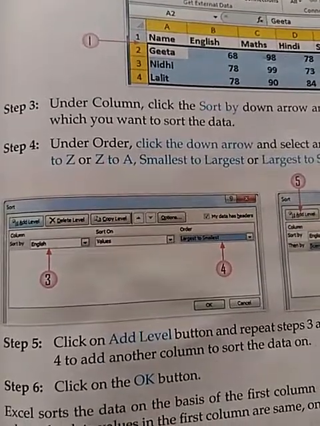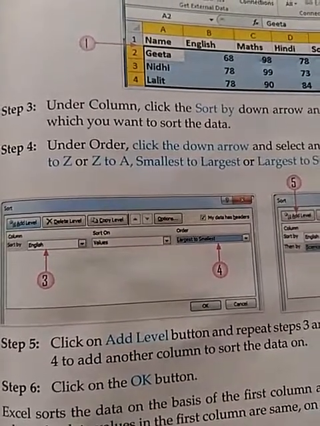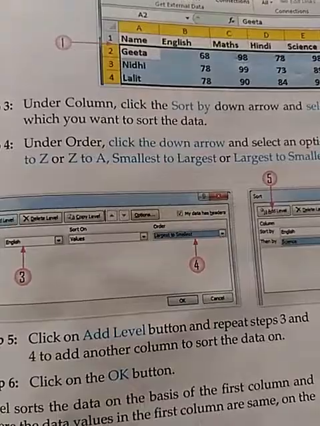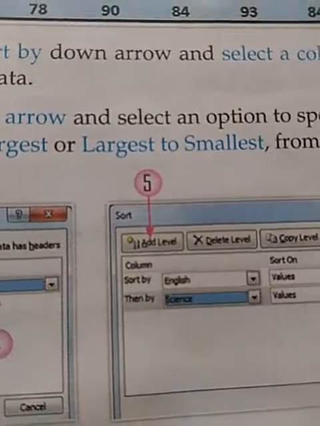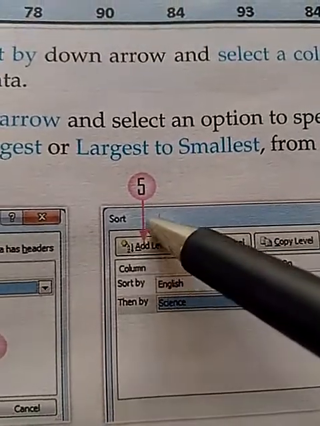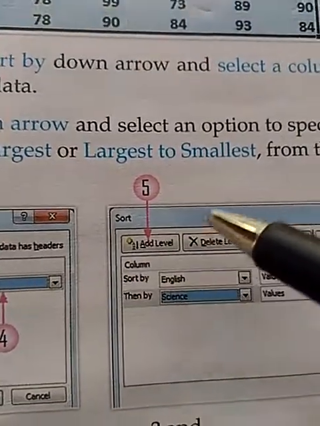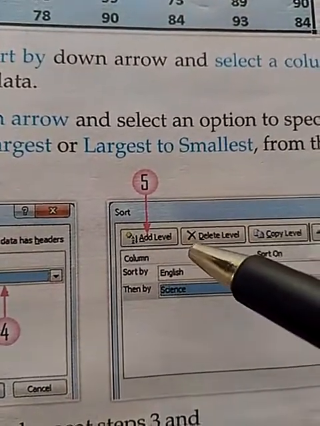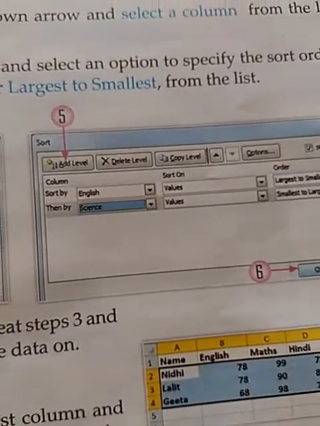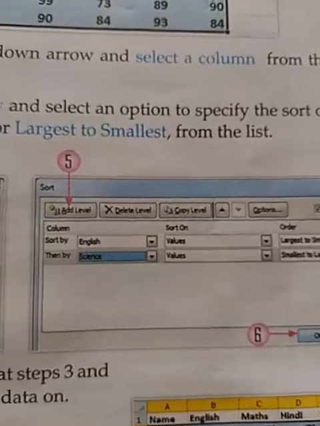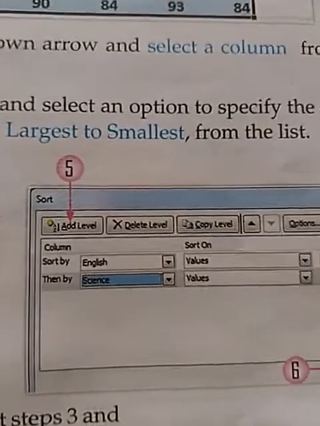Suppose you want to sort the data according to 2 column values, then you can add more levels over here. So this is the option present here, add level. Suppose you want to first sort the data in the descending order of English and after that you want to sort the data in the ascending order of science.